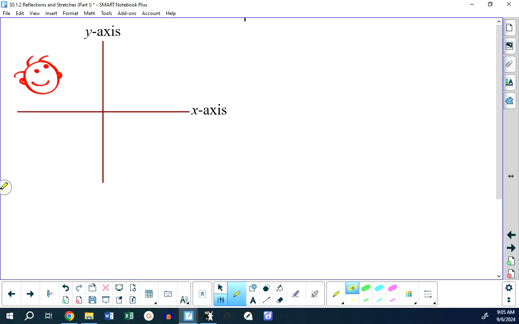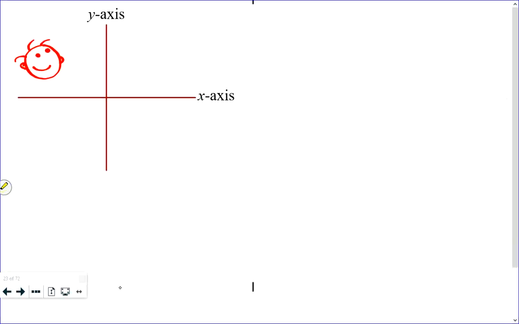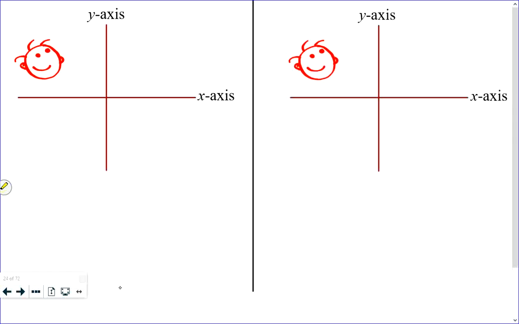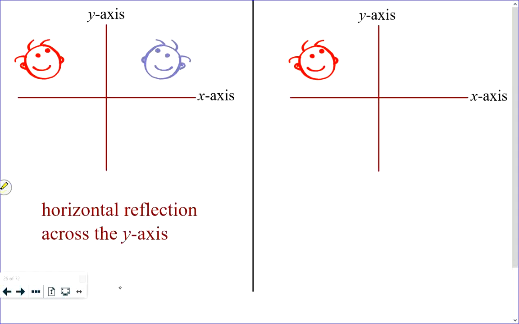So just forgetting about your notes for a second, because this isn't a function, this is just a picture. There's a picture of some kind of goofy smiley face, happens to be in quadrant 2, and I put it up here as well. If I do this to it, it's a horizontal reflection, right? Okay. It's across the y-axis, correct? There's the y-axis, you can see it's across it.